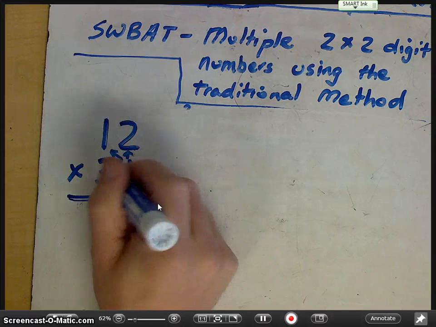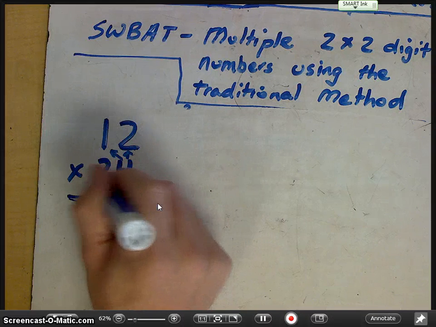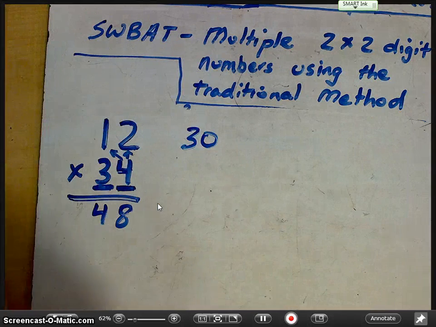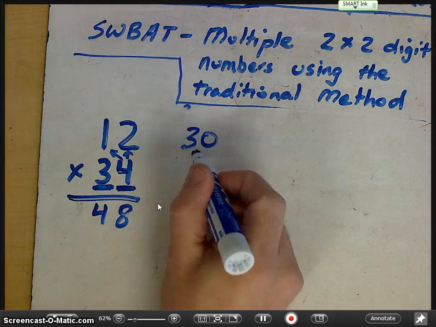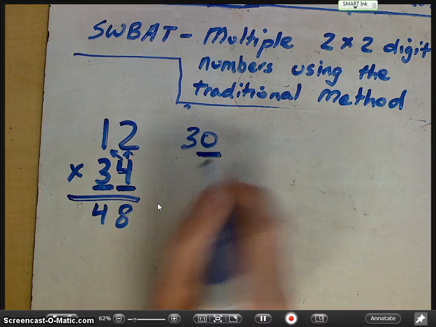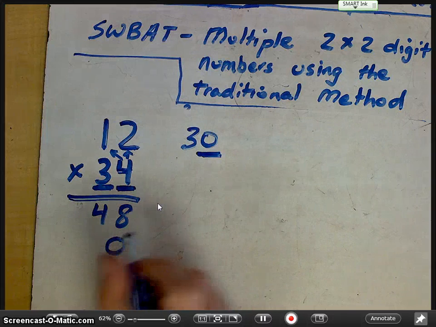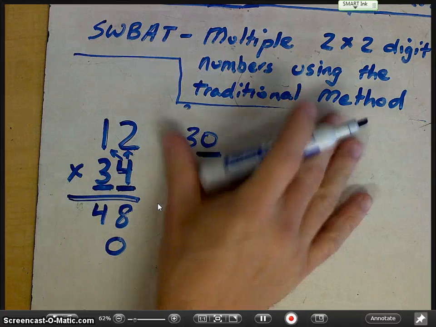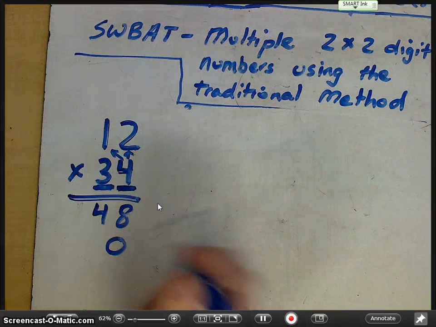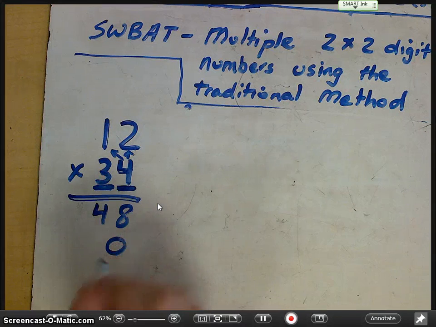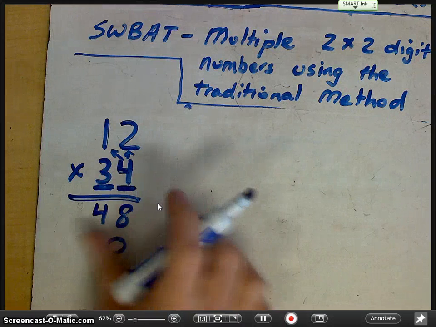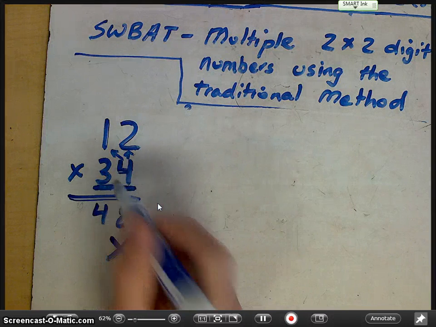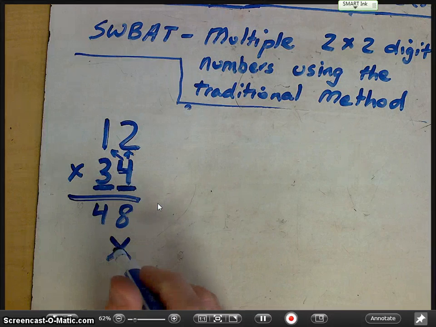Then when you move over to the next spot, it's in the 10 spot, right? So this number is actually 30. Well, 30 has a 0 in it. So we're going to put a 0 here before we even start. You could put an X, you could put a 0, but you're going to put 1 blank spot in. It's going to be a 0. Tell you what, why don't I put an X just so you can see it? That is to show that it is the 10s, and we're just going to leave this spot right there blank.